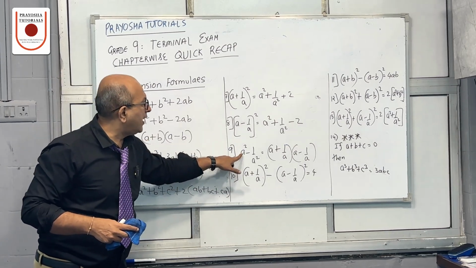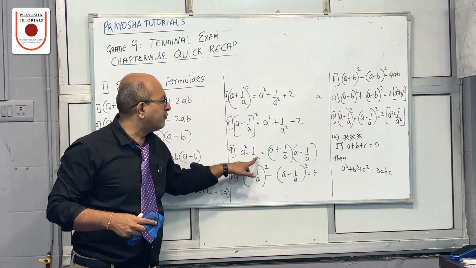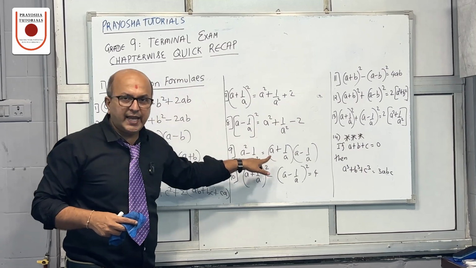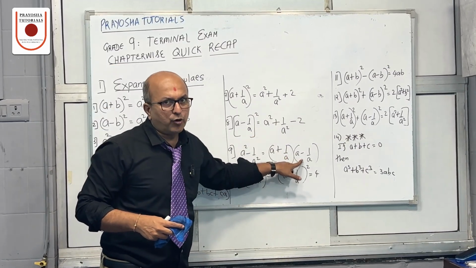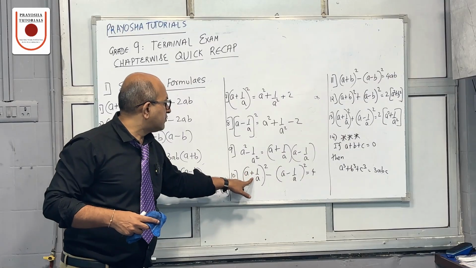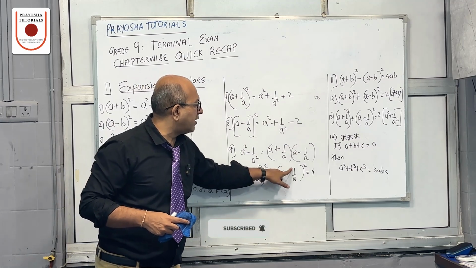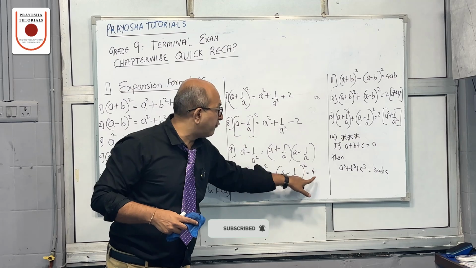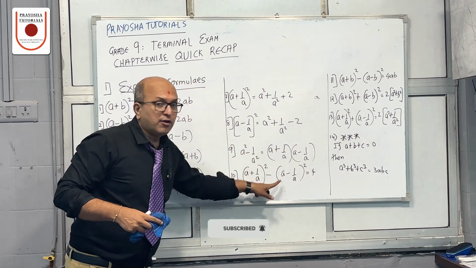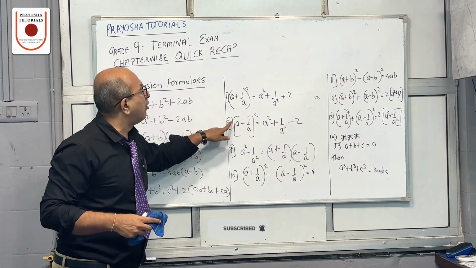Same way, a square minus 1 upon a square would be (a plus 1 upon a)(a minus 1 upon a). (a plus 1 upon a) the whole square minus (a minus 1 upon a) the whole square is equal to 4. Now, this is the formula which connects both of them.